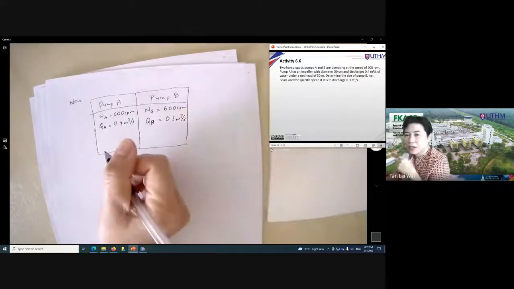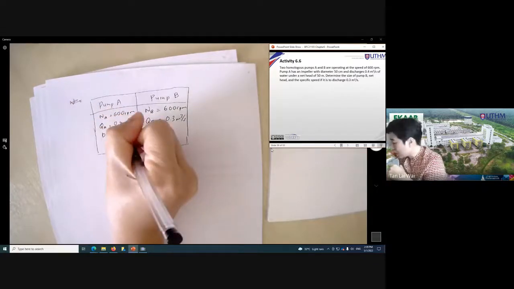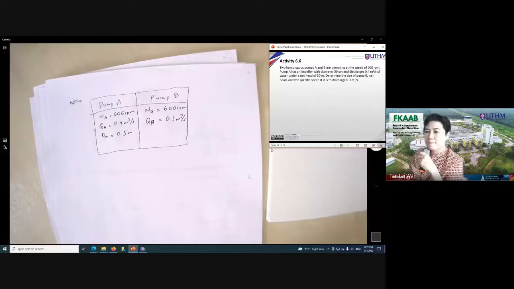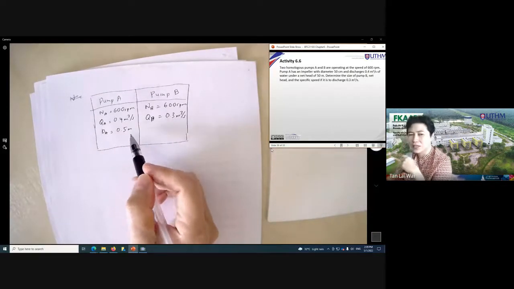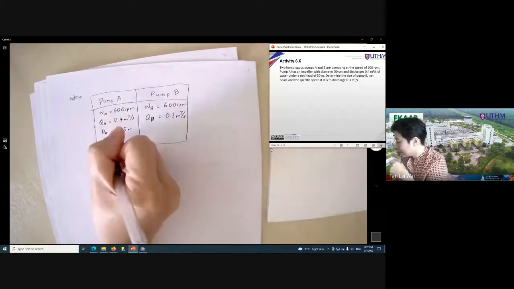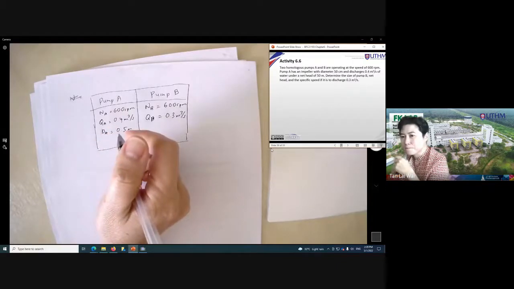Then what else is given? Diameter of A, which is 0.5 meter. I straight away change it. I hope you know how to change from centimeter to meter. It's a scale of 100. And then what else?